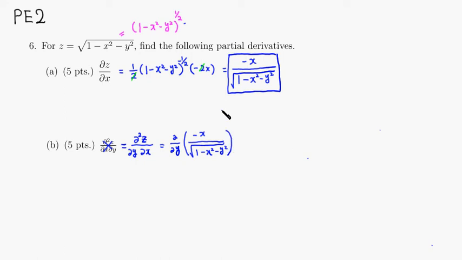Using the quotient rule, I'm going to put the negative sign in front here. Then, square the bottom, so you get 1 minus x squared minus y squared. And the derivative of the top is 1.